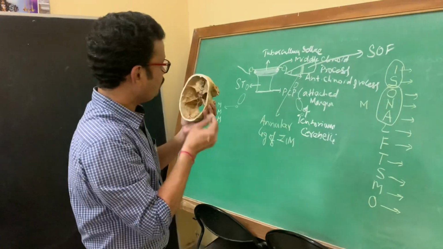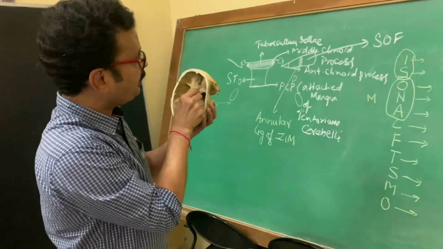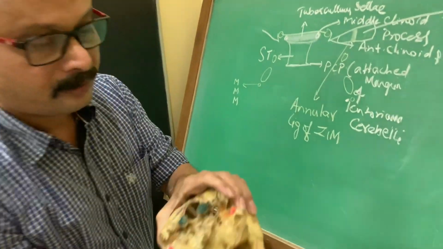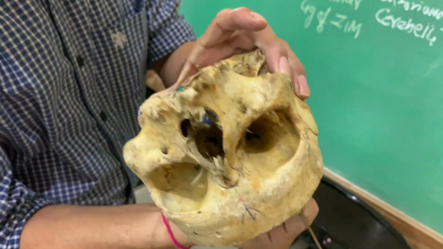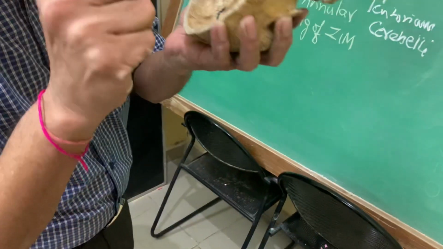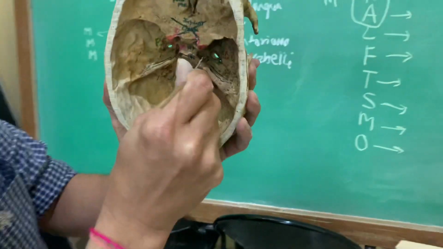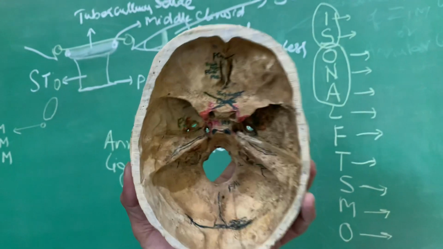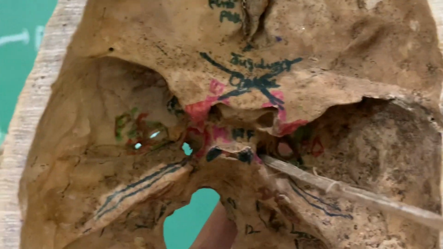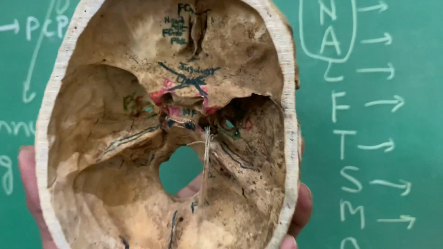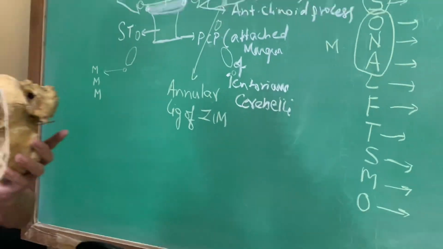Okay. You can see one more foramen medially here. If you see from below, which is irregular shaped, that is foramen lacerum. This one is a foramen lacerum. Lacerum means irregular shaped. It is representing a lacerated wound.